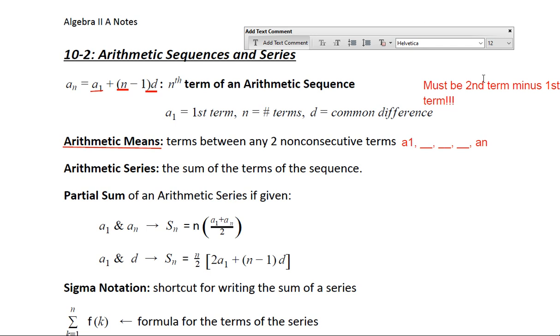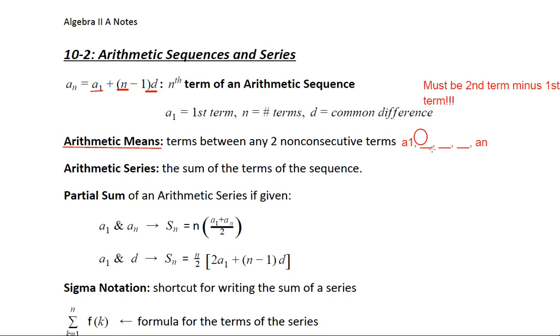I can't do subscripts here, but you get the idea. Then the arithmetic means are just these things in the middle, the terms in between any terms in a sequence. And they're not consecutive terms. So the means here would be, maybe this is 3, 4, and 5. You would have to name all 3 terms.